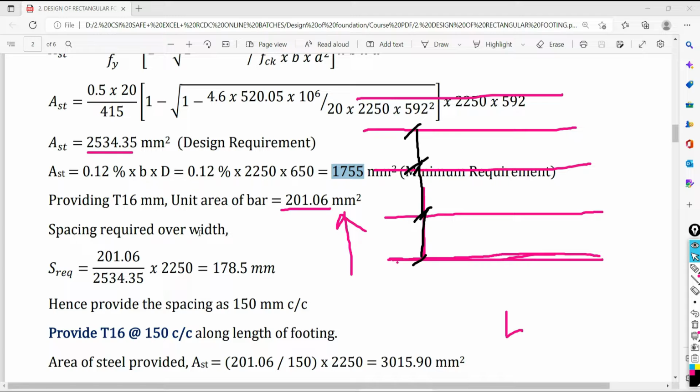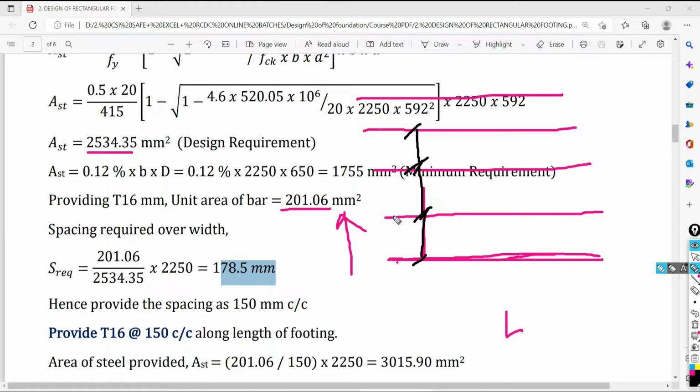Spacing required over the width, as clearly mentioned here, will equal the unit area 201 divided by the total area required 2534.35, multiplied by the full width considered in calculation, 2250. So we are getting the demand of the spacing as 178.5 mm.